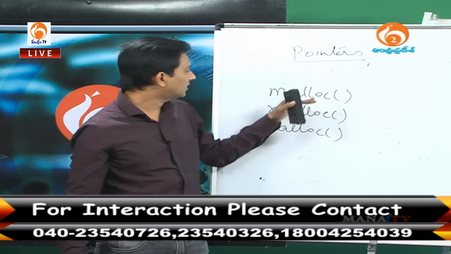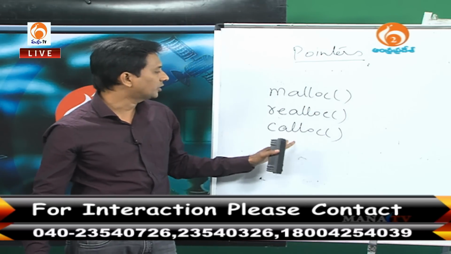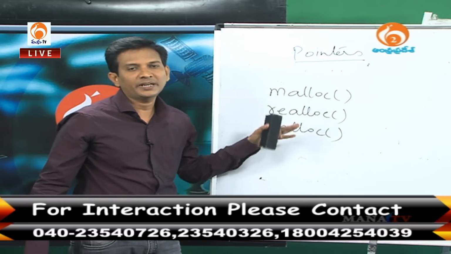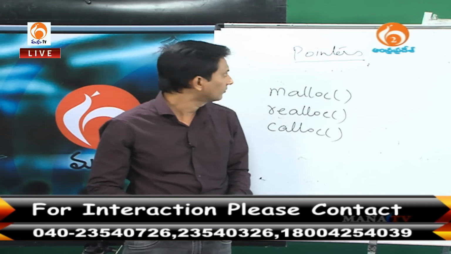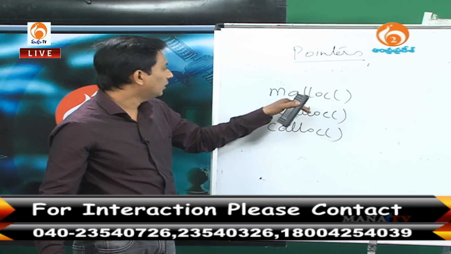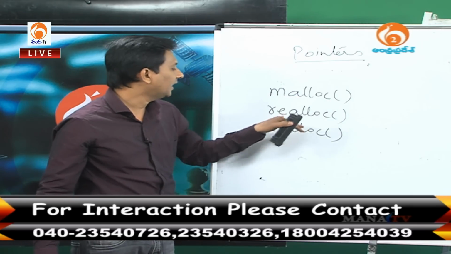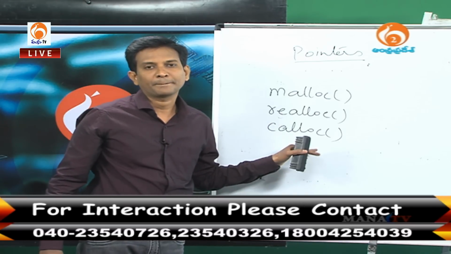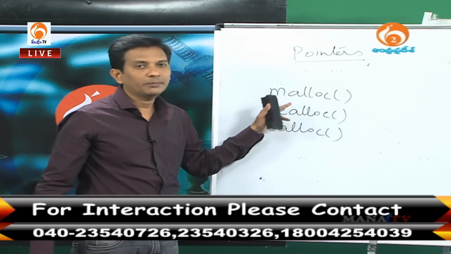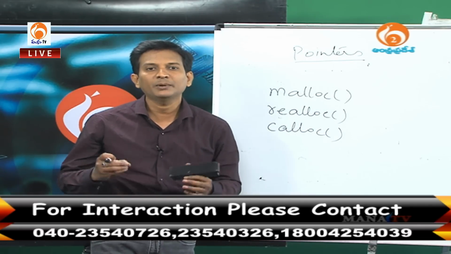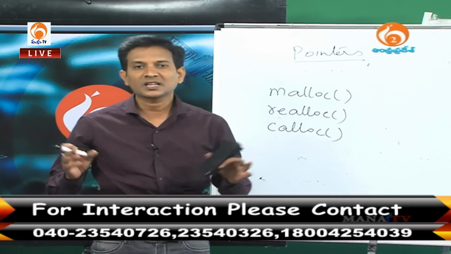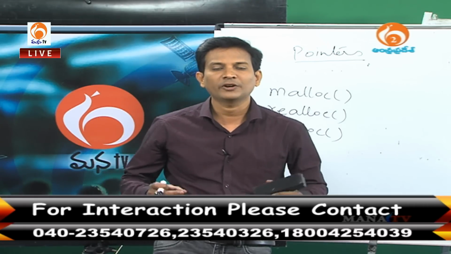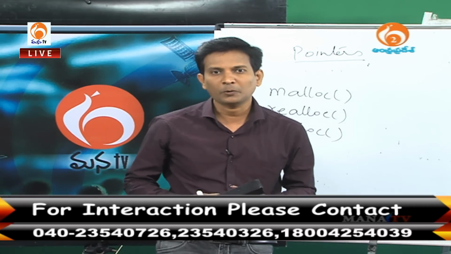These are predefined functions in alloc.h. If you know pointers, malloc, realloc and calloc functions can be used. Pointers must be there. If you want to allocate memory at runtime, memory allocation can be done by using the pointer. That is one of the advantages of the pointers.